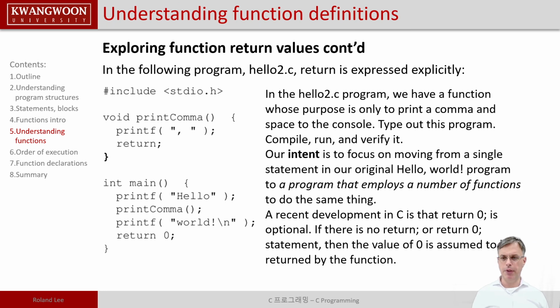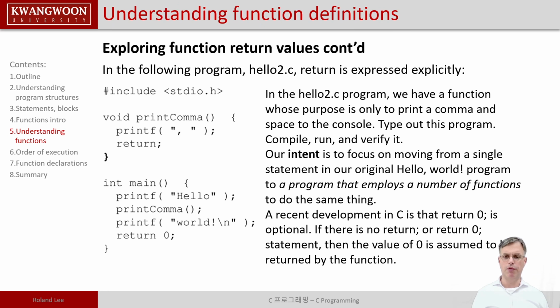A recent development in C is that return 0 semicolon is optional. If there is no return 0 semicolon statement, then the value of 0 is assumed to be returned by the function.